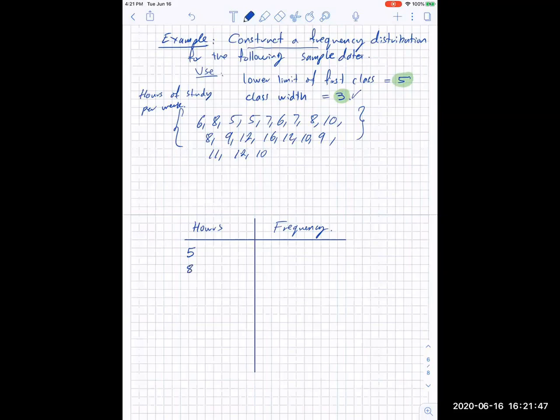So my next class begins at 8. 8 plus 3, 11. 11 plus 3, 14. These are my lower limits. Now, what are my upper limits? 5 to what? Since the next one starts at 8, that means 5 to 7.